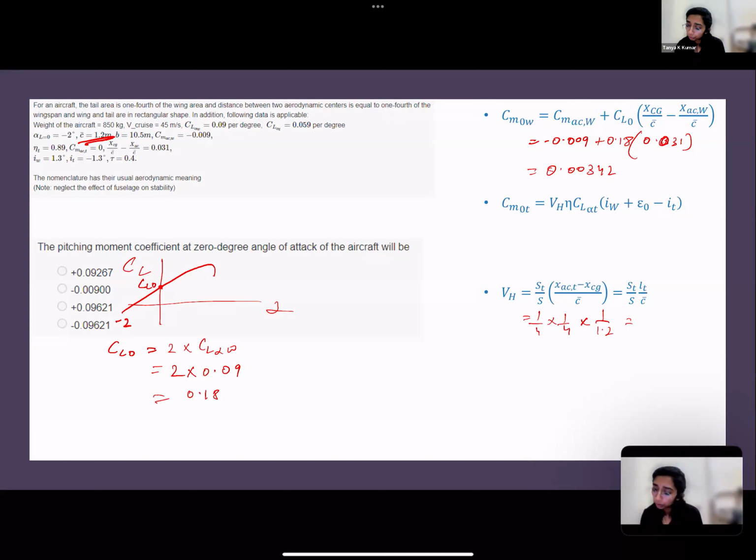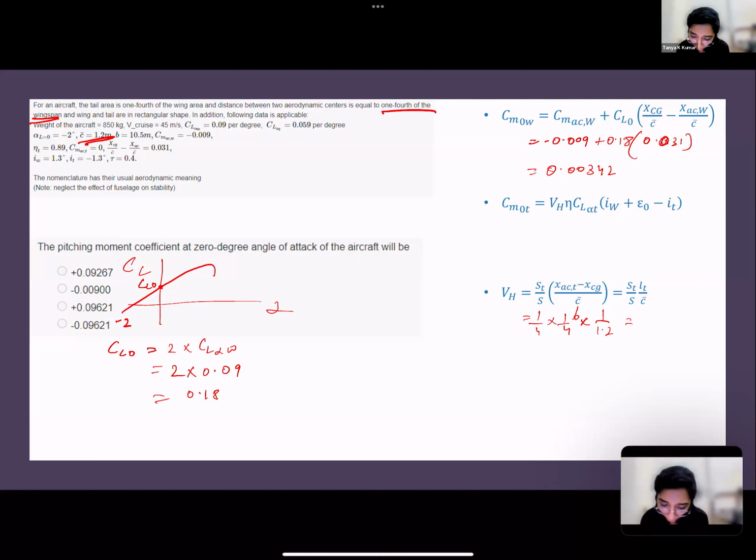It's equal to 1/4 of the wingspan. There is a B here, right? There's also B there. It's equal to 1/4 of the wingspan. Okay, so it's 1 by 4 B into 1 by 1.2.